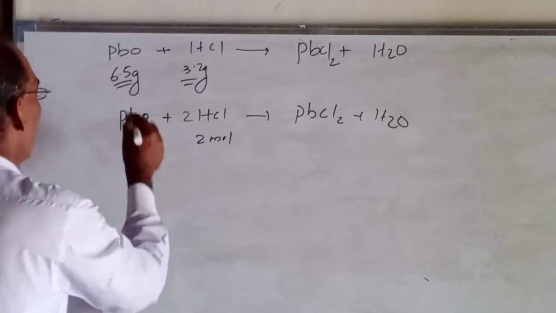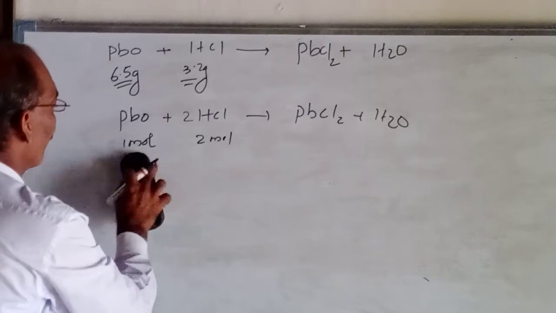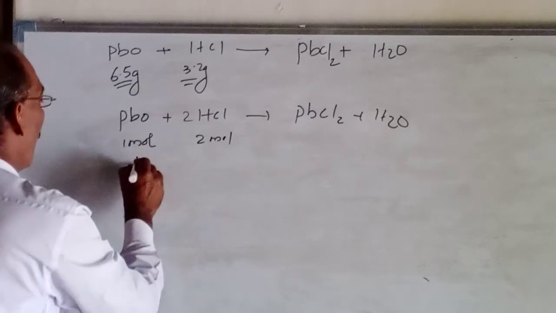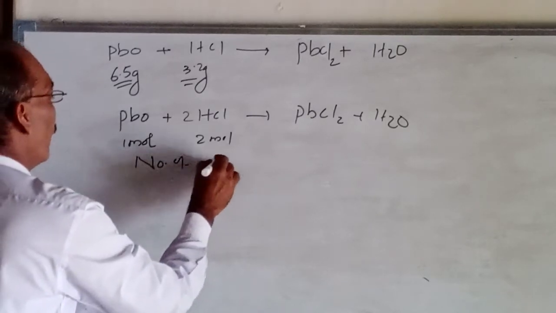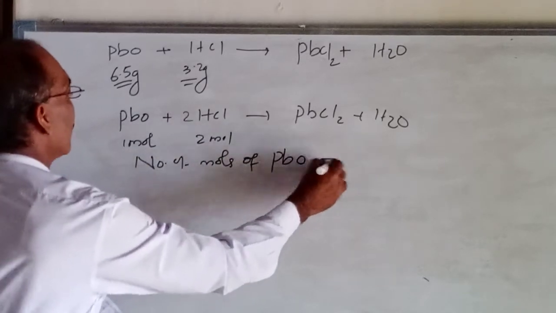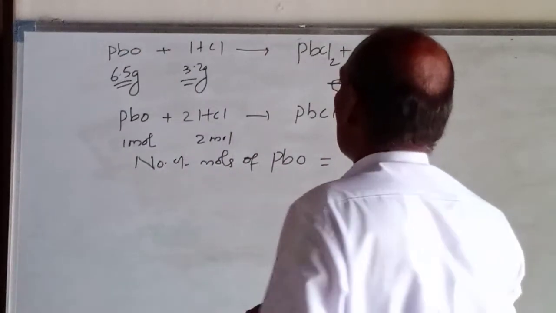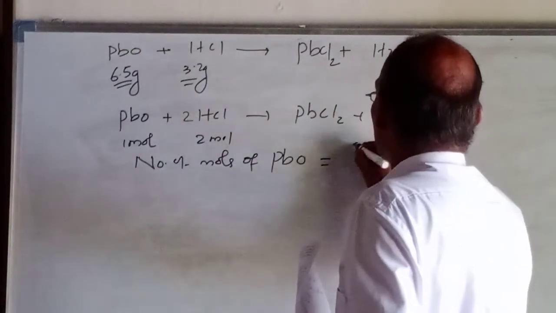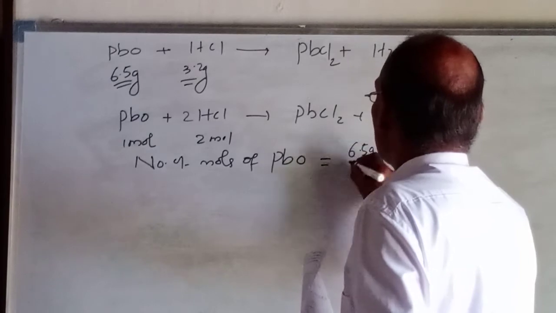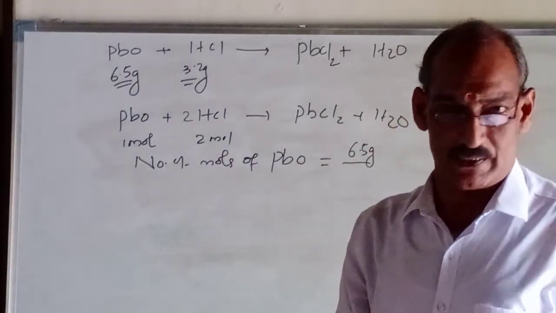So we can write number of moles of PbO, number of moles of lead oxide is equal to 6.5 gram mass. How can we find number of moles? Mass by molar mass.